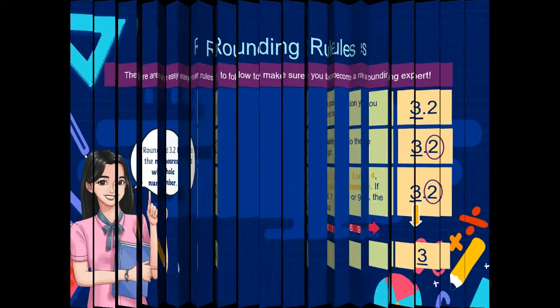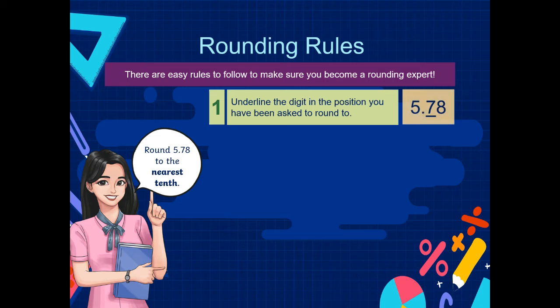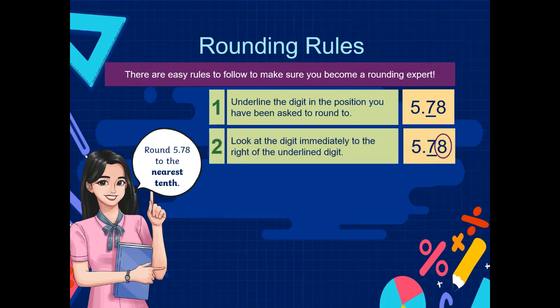How about trying to round 5 and 78/100 to the nearest tenths? To round off, first is to identify the digit in the given place value. So, the digit in the tenths place is 7. After this, look at the digit immediately to its right, and the digit next to it is 8.